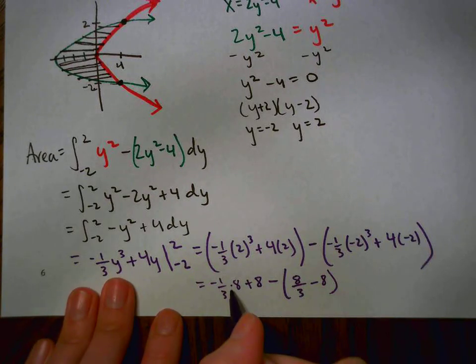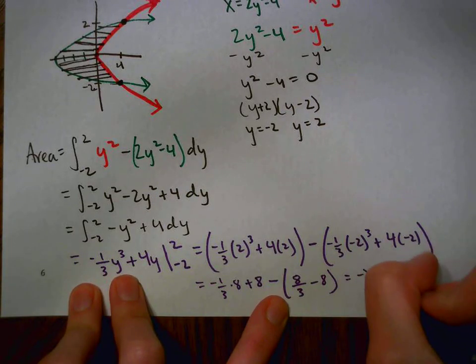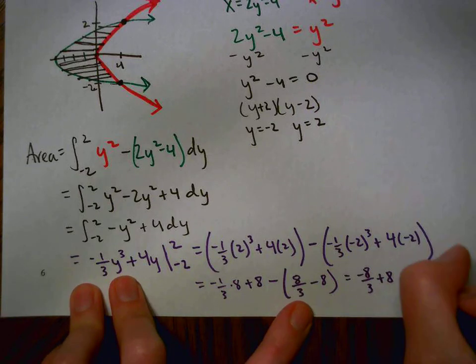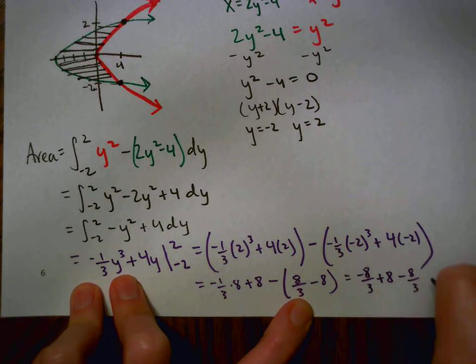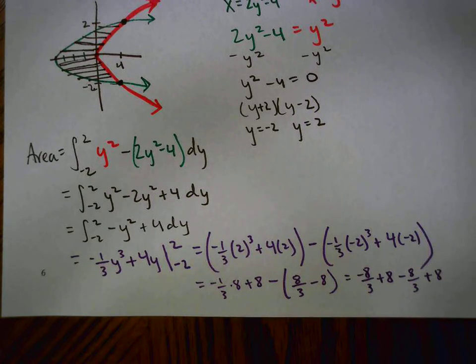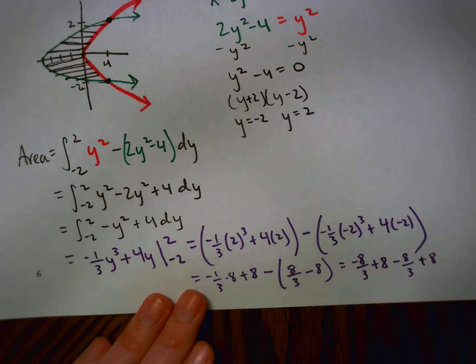Okay, so now I could have gone ahead and multiplied those together, right? So this would be -8/3 plus 8, and then distribute this minus sign, so -8/3 plus 8. Okay, so you could go about this probably a couple different ways. You could go ahead and add your 8s, or go ahead and just put them both over 1 and get all the common denominator.